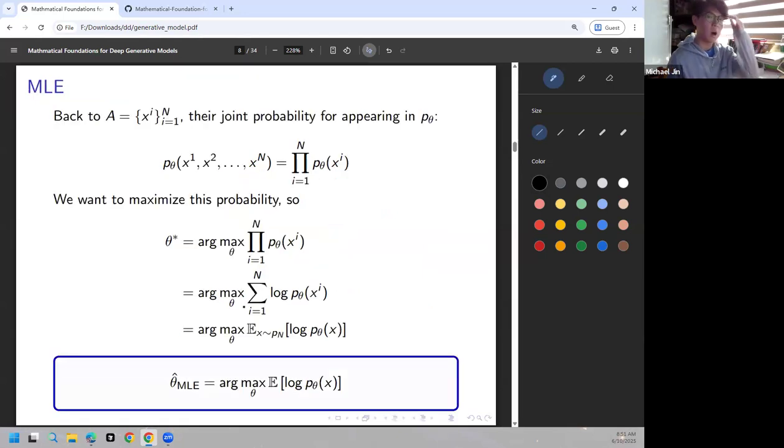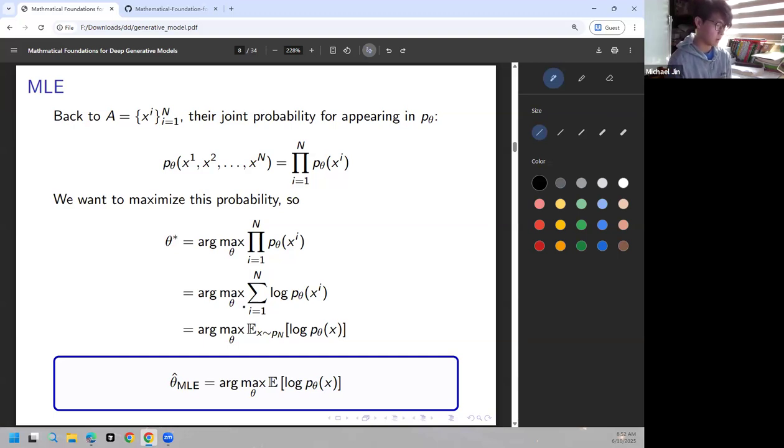Okay. So after talking about the divergence, there is another important thing called maximum likelihood estimation, or MLE, right? It's the core idea of all the training processes for generative models.